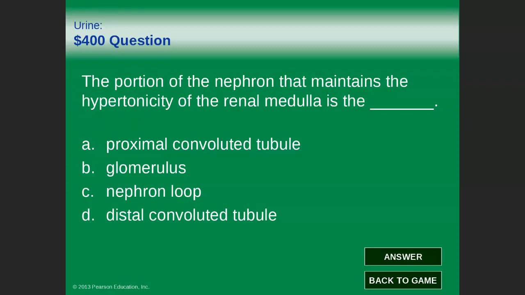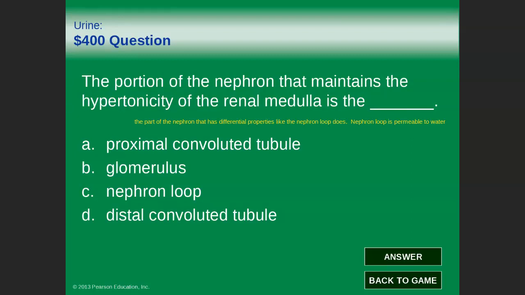Remember, the nephron loop of Henle is permeable to water in the descending limb, but impermeable to water in the ascending limb.